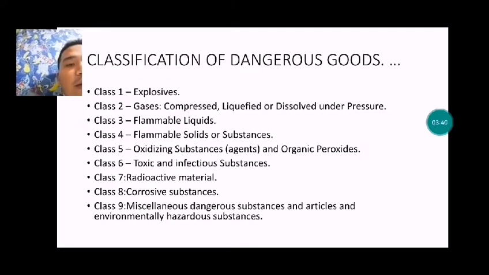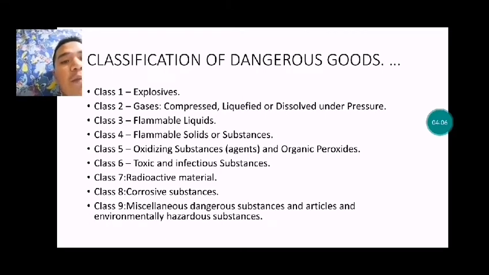Classification number 7: Radioactive material. No subdivision. It consists of materials with specific activity greater than 74 kilobecquerels. Activity is the number of atom decays. Fissile materials, special form radioactive materials, low-level solid radioactive materials, and low specific activity material.